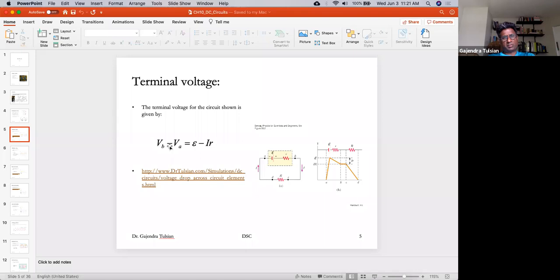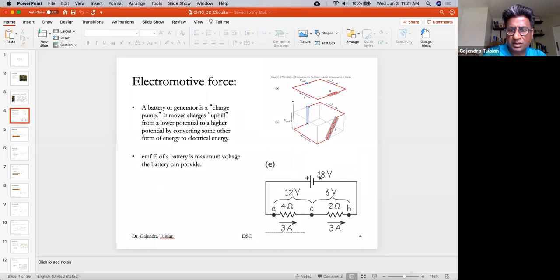So the terminal voltage, the voltage at point B minus voltage at point A, is the EMF of the battery minus the drop in voltage because of the internal resistance. Most times we won't mention internal resistance, we'll neglect it, and in most circuits all we'll draw is an ideal EMF, just the voltage of the battery.